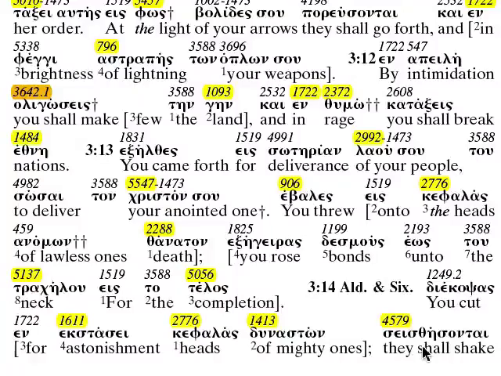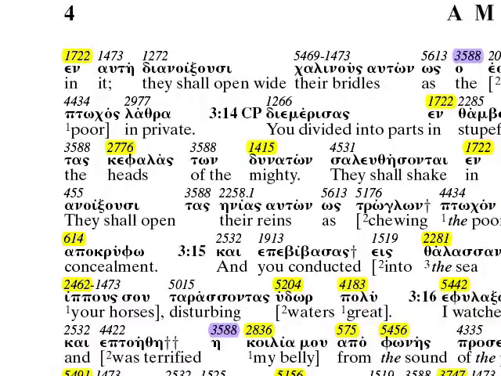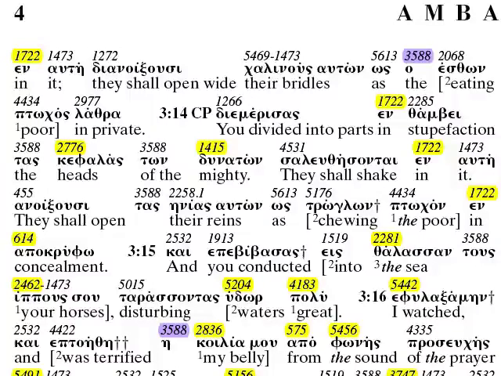Sisthesonte, they shall shake, seismic, they shall shake. They shall shake in it. They shall open wide their bridles. They shall shake in it. Afti, in afti. The anixusi halinus afton os o esthon patokos lathra.